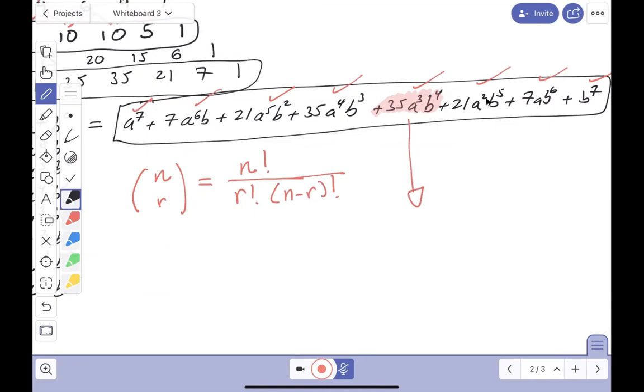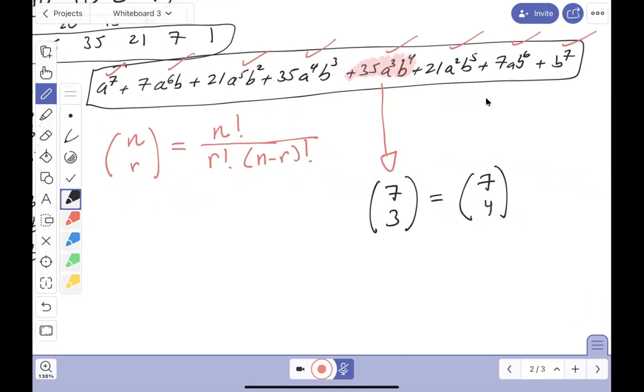Well, I hope you realize it's 7, which is the sum of the exponents. Then the question is, what's the r? It's either the number of a's, which is 3, or the number of b's, which is 4. I claim they'll give me the same answer.